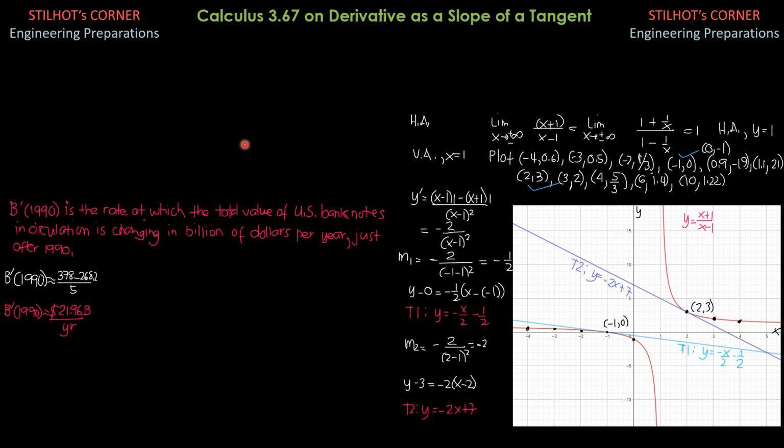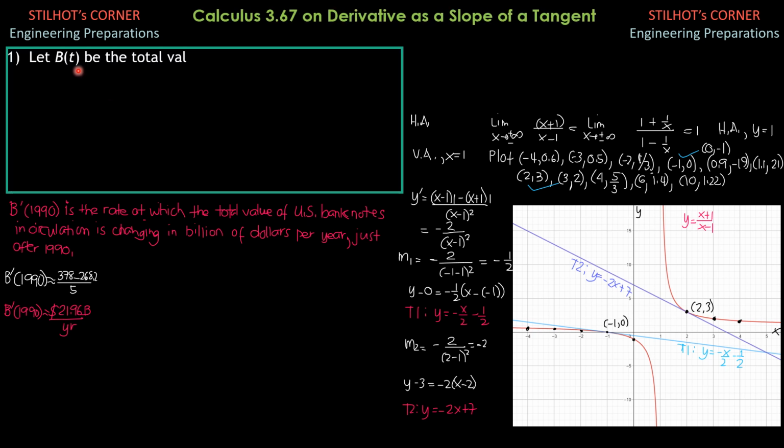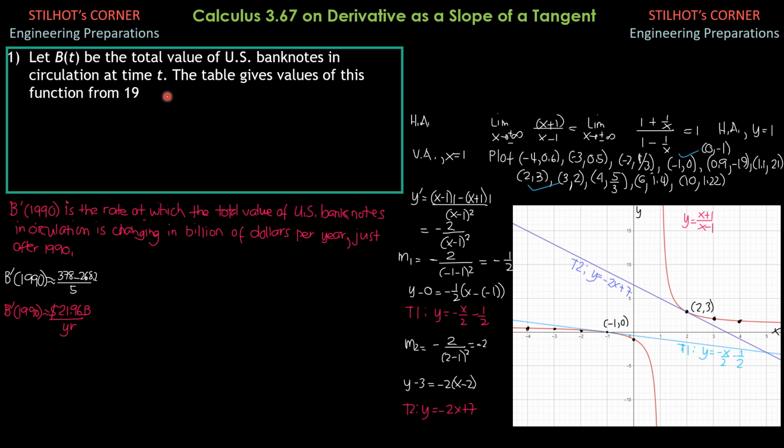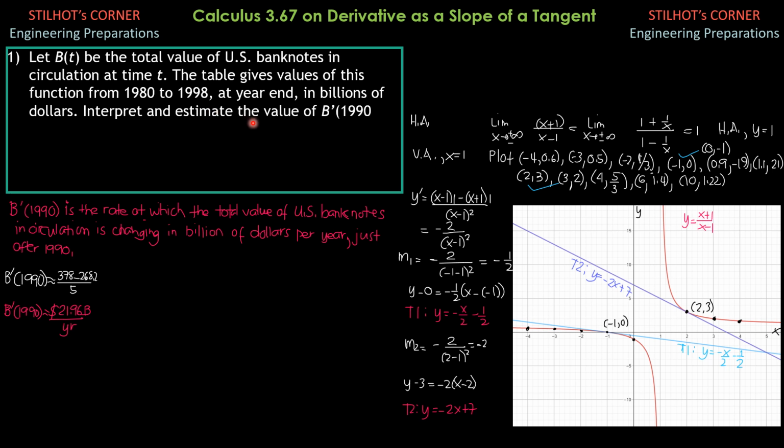So here is the first problem. Let B of t be the total value of US banknotes in circulation at time t. The table gives values of this function from 1980 to 1998 at year end in billions of dollars. Interpret and estimate the value of B prime 1990.